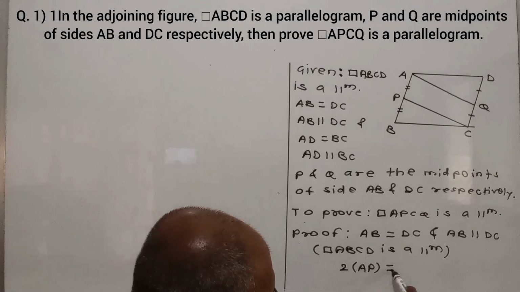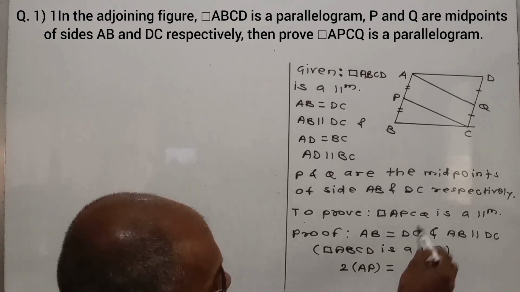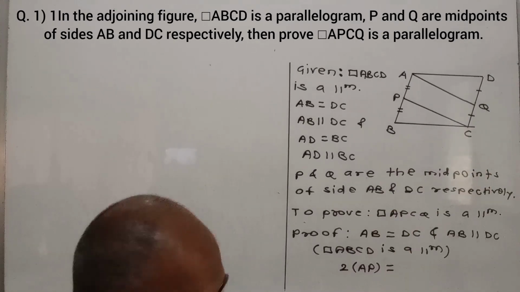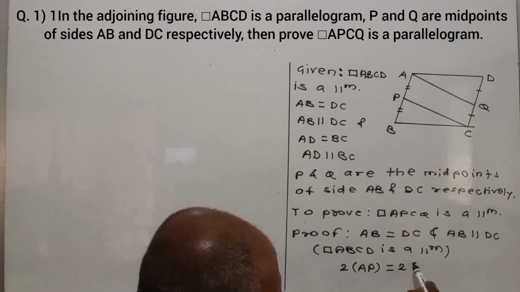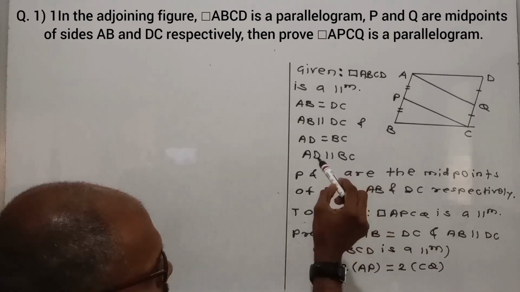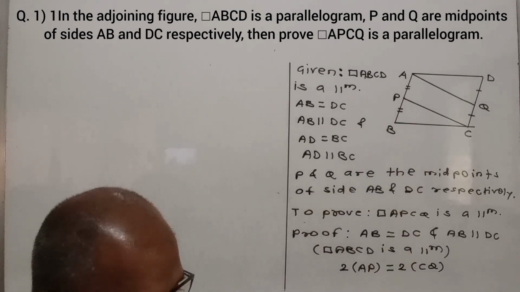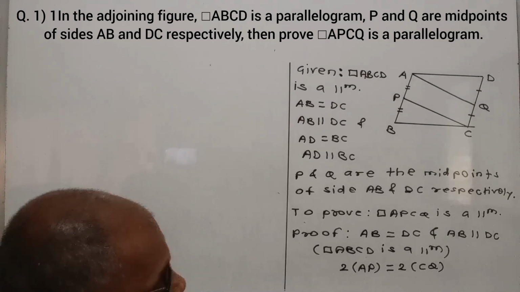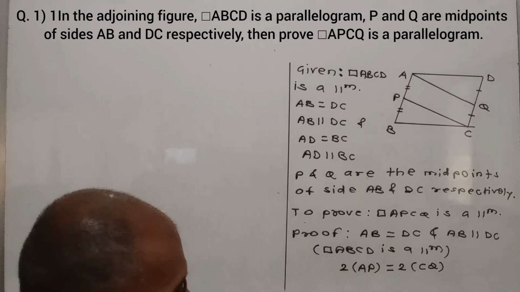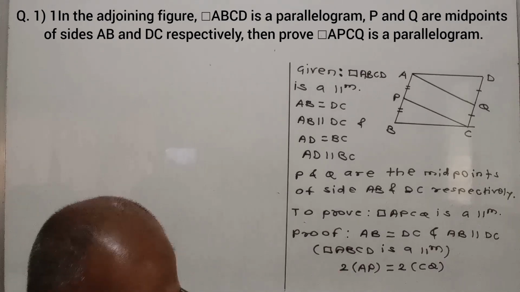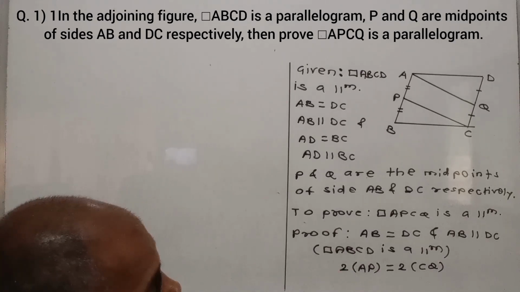Is equal to DC. Q is the midpoint of side DC. So we write here 2 CQ. When Q is the midpoint of side DC, then we write 2 into CQ or 2 into DQ.